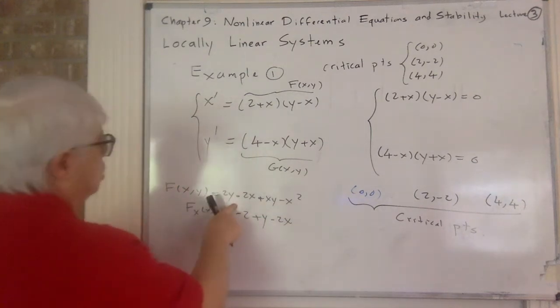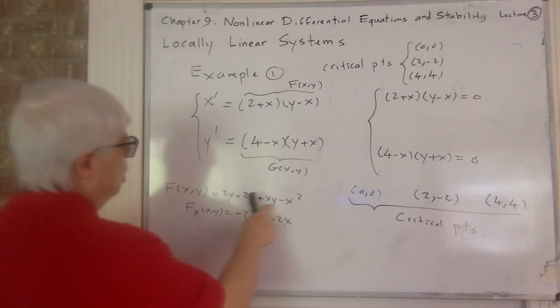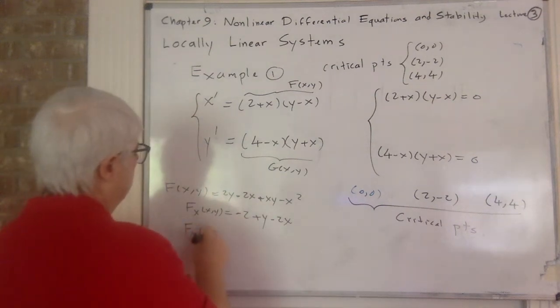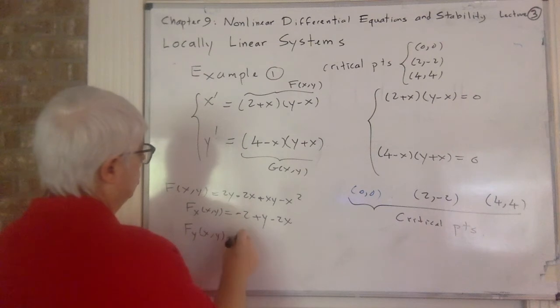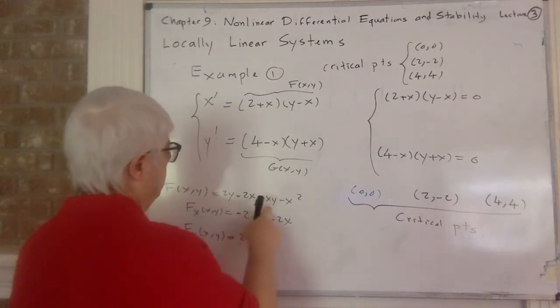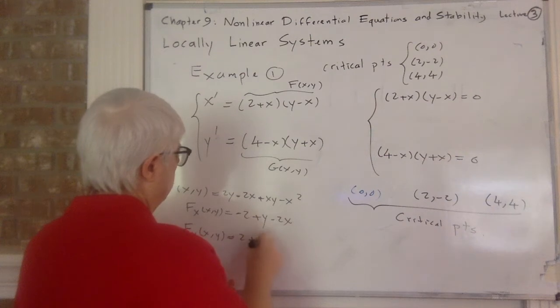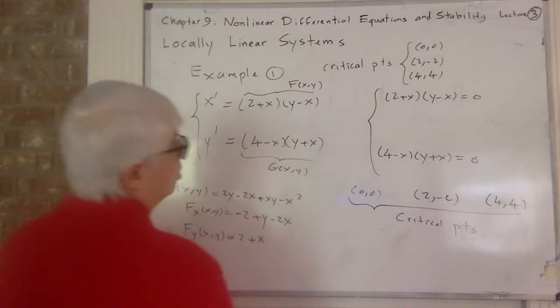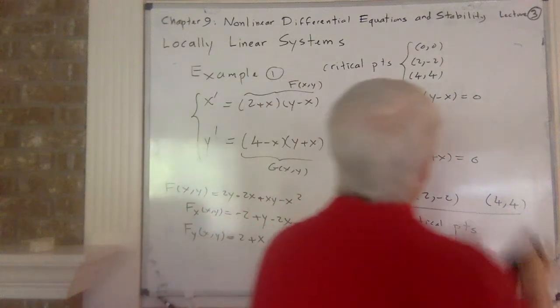With respect to x, this is 0, this is minus 2, this is y, and this is 2x. And f_y(x,y) is the derivative with respect to y, so that's 2, and this is 0, so that's plus x, this is 0. So that's f_x and f_y.